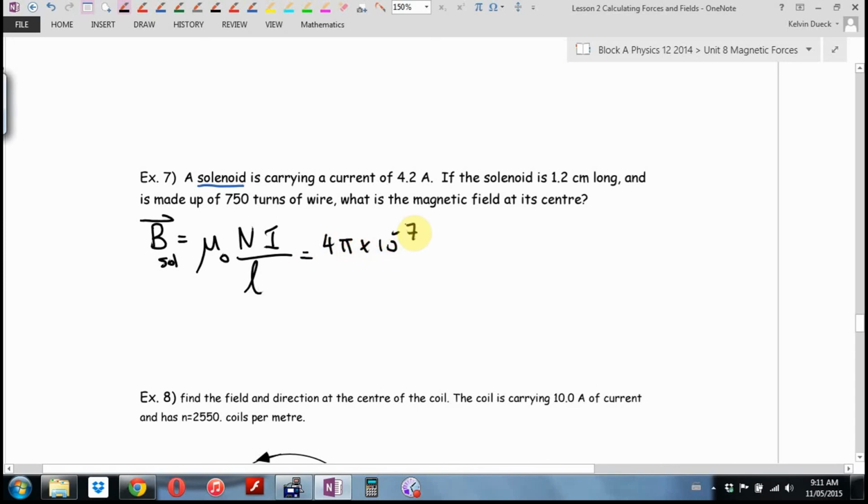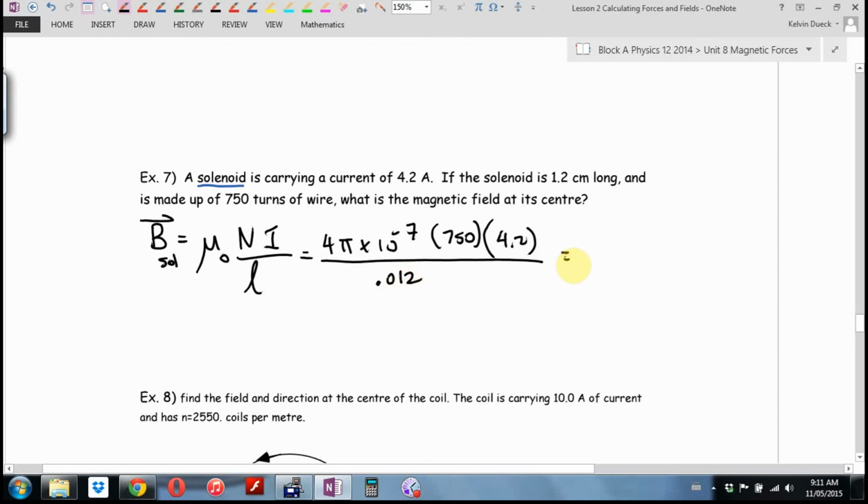N is the number of turns of wire. How many turns of wire in this question? 750. I is the current, 4.2, all divided by L, 0.012.